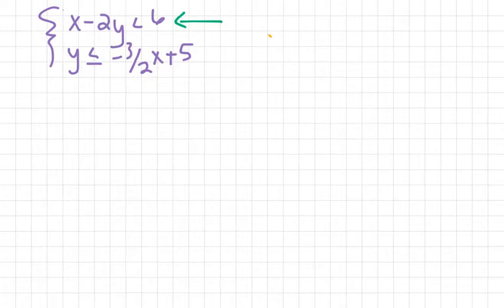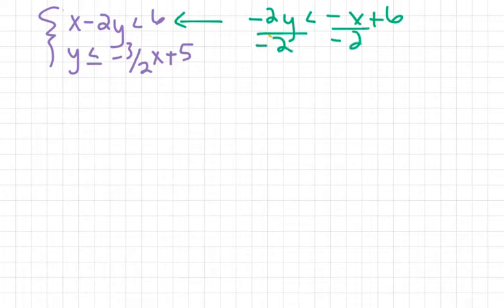I'm going to put x on the other side, so I have negative 2y is less than negative x plus 6. And I want to divide everything by negative 2. On my left, I'm left with y. Now remember, when we divide by a negative, our inequality sign changes. So now it's going to be greater than.